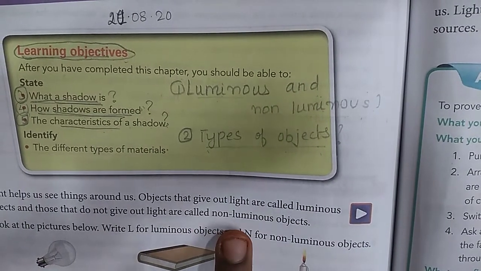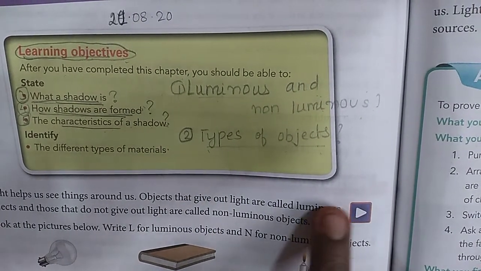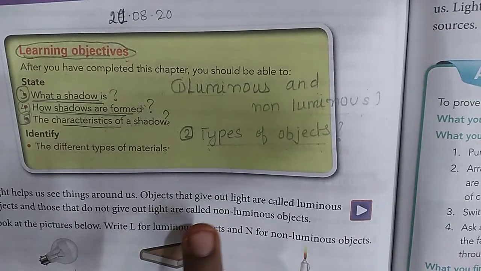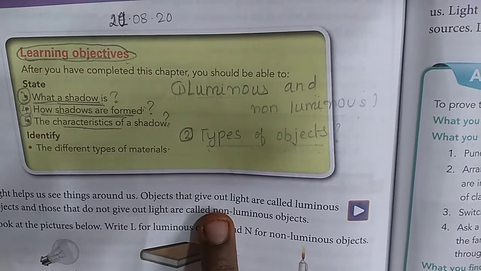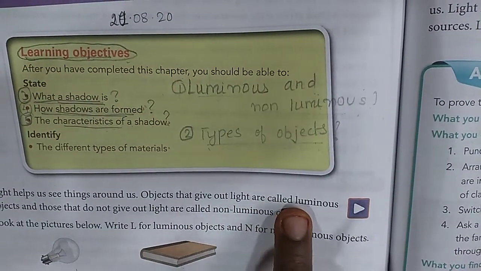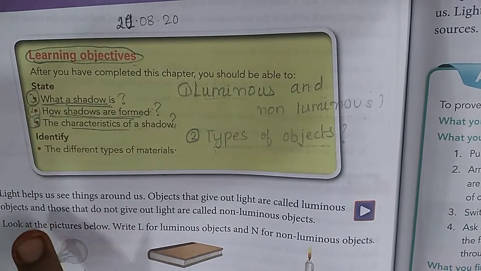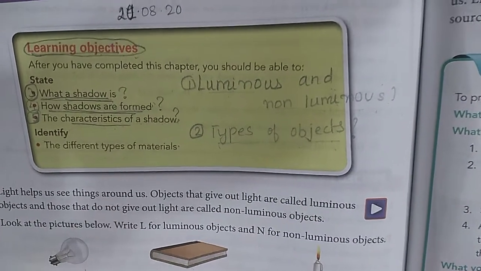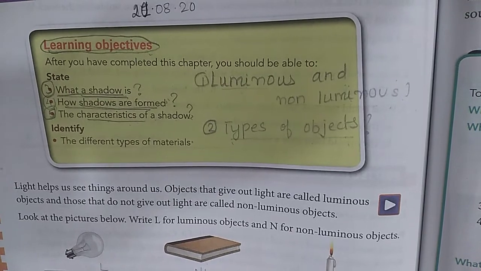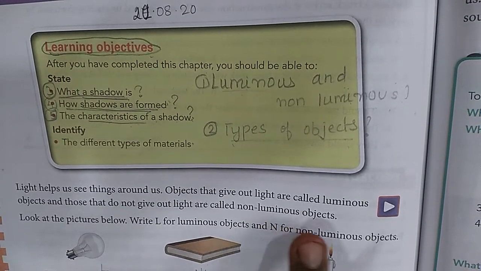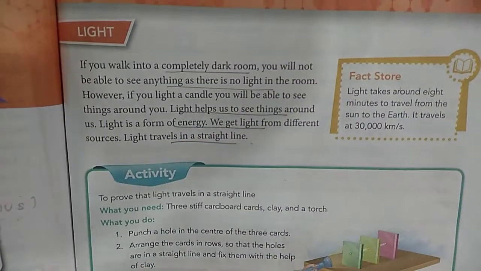Okay, so what is the difference between luminous and non-luminous? Objects that give out light are called luminous objects, and those that do not give light are called non-luminous objects. And then we have seen about light.